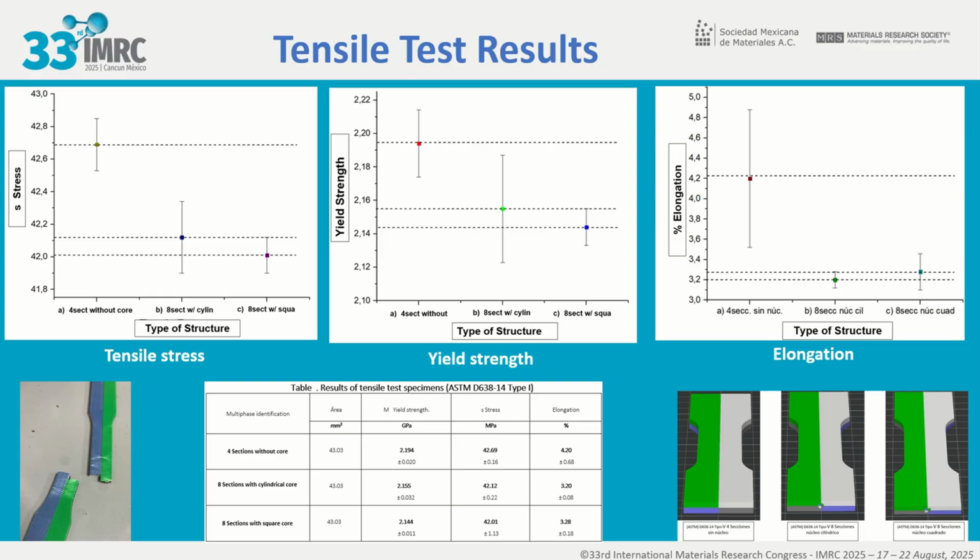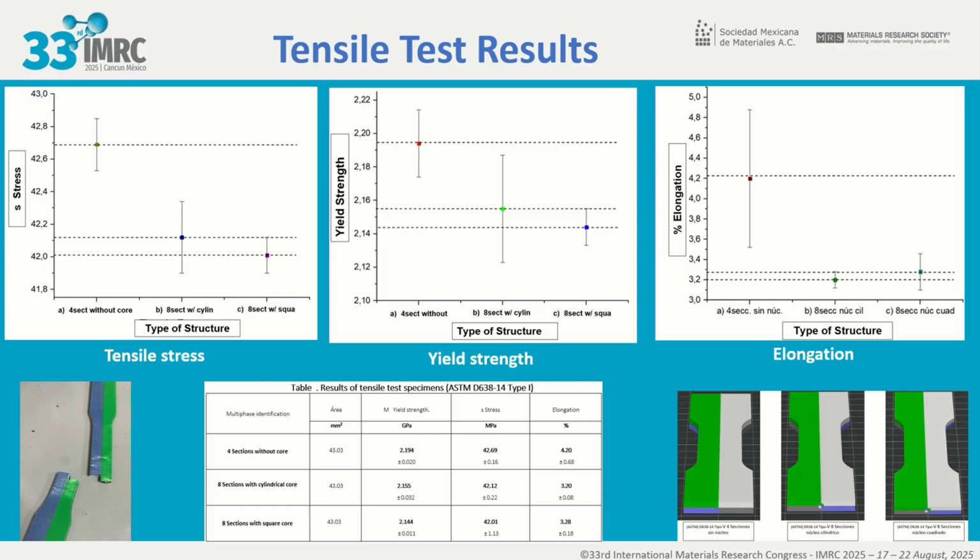Yield strength. The simple multiphase structure also has the highest yield strength, 2.194 GPa, while the structures with the cores have slightly lower values, approximately 2.155 and 2.144 GPa.